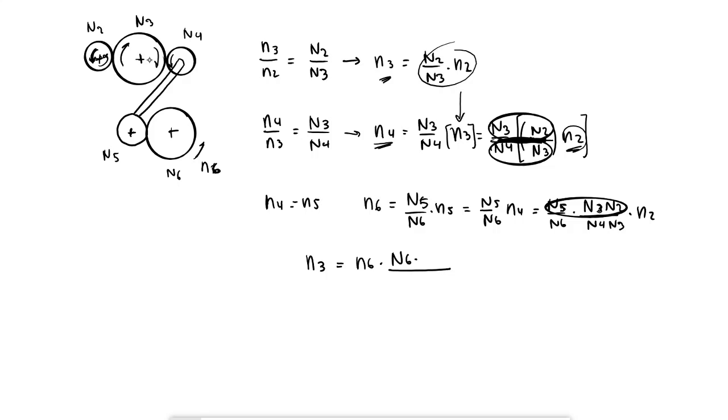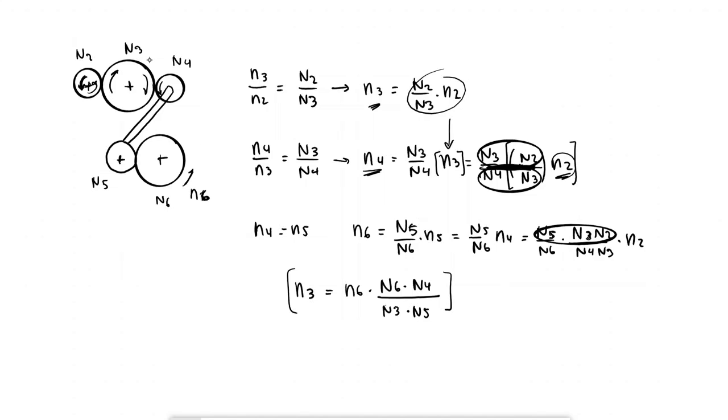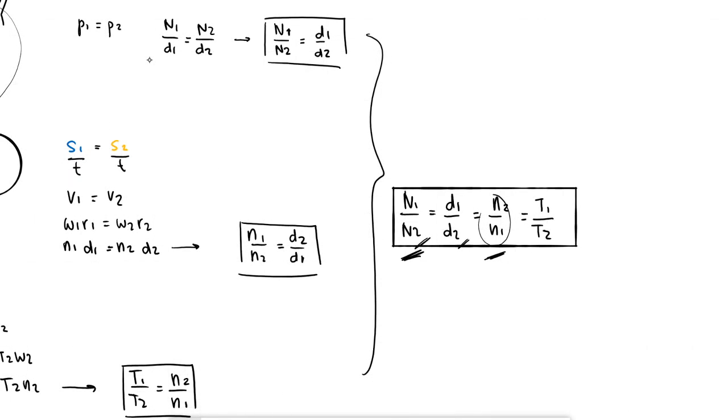So I'm going to put all the driven ones, 6 and 4, up top, and then the ones that are driving, N3 and N5. Just as an example. So it's not an equation, it's just a relationship of the number of teeth to the speed. And once more, it can be number of teeth or just diameters, since this relationship between number of teeth and diameter is the same.